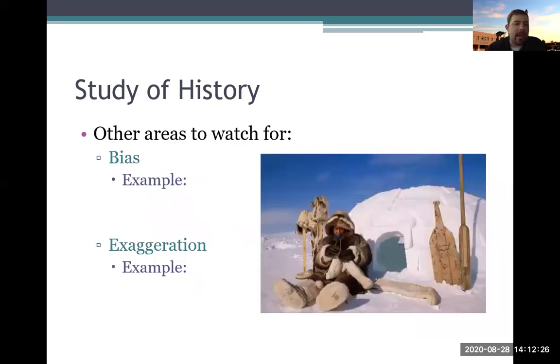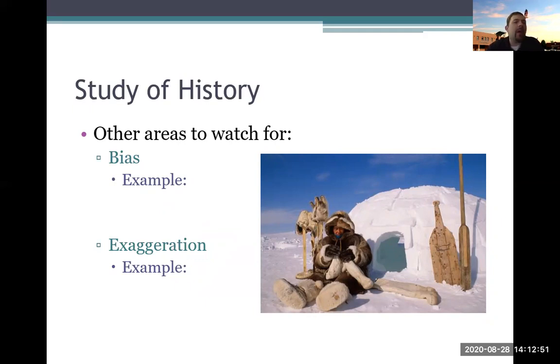So sometimes these can fit in with our last 2 examples here. 2 concepts that I ask you to look for a lot when we're looking at sources is bias. And if you've heard of bias, we consider that basically you're leaning one way or another in a story, or a one-sided version of a story.